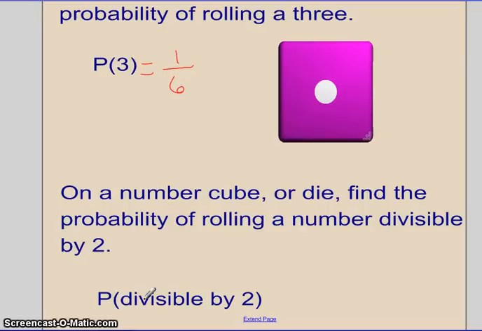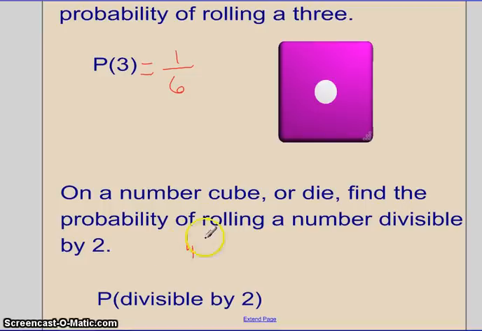Find the probability of rolling a number divisible by 2. Now you may be able to do this very quickly in your head, but when you get problems that can be challenging, the easiest thing to do is to list all your possible outcomes and then list that over the total number. Find the outcomes of what you want and list it over the total number of possible outcomes. So let's list all our outcomes.